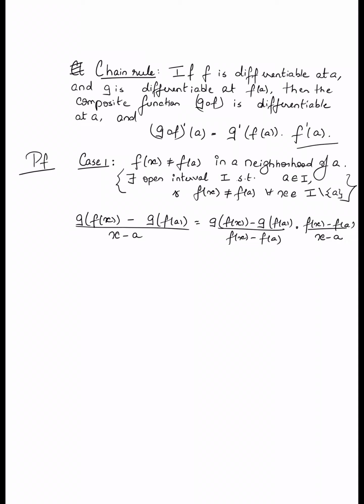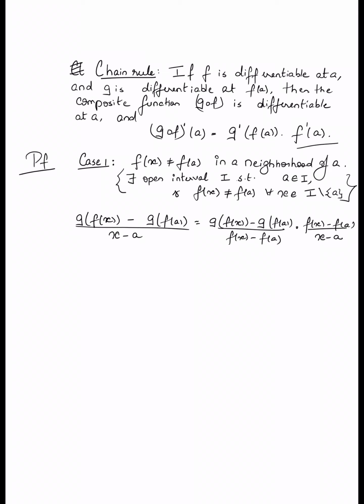Right? This representation is exactly true at all points where f of x is not equal to f of a, because so long as that's the case, I can do this multiplication and division by f of x minus f of a. Now this condition, by the assumption that we have made for case 1, is actually true for all x in the interval I except for a.